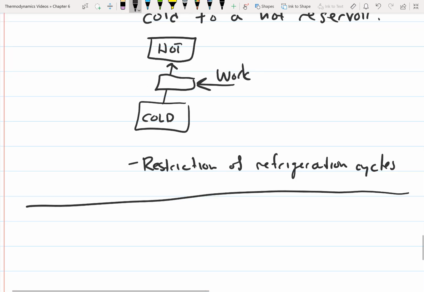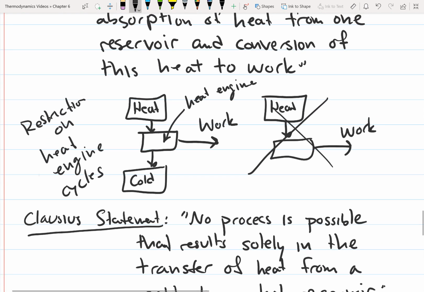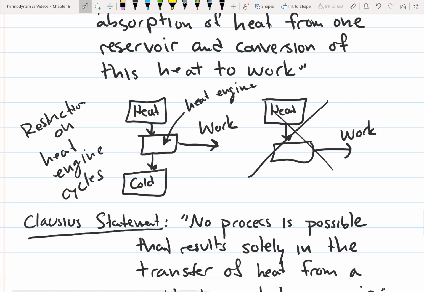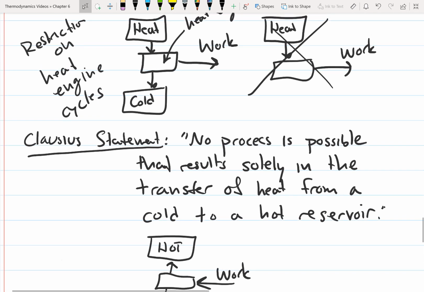What we want to do is quantify this restriction somehow, to see if a process violates the second law. So we want to quantify the second law. In other words, if we have a heat engine and we're trying to run it without a heat sink, that's obviously going to violate the second law, even though it'll be fine for the first law.